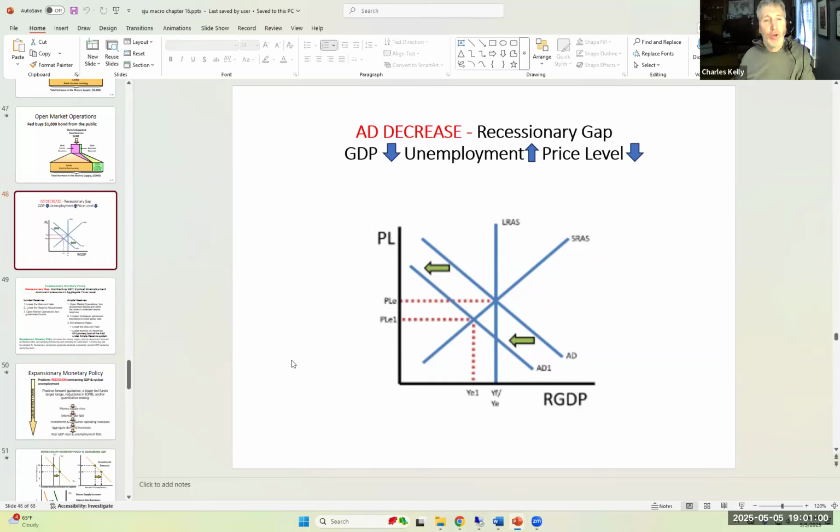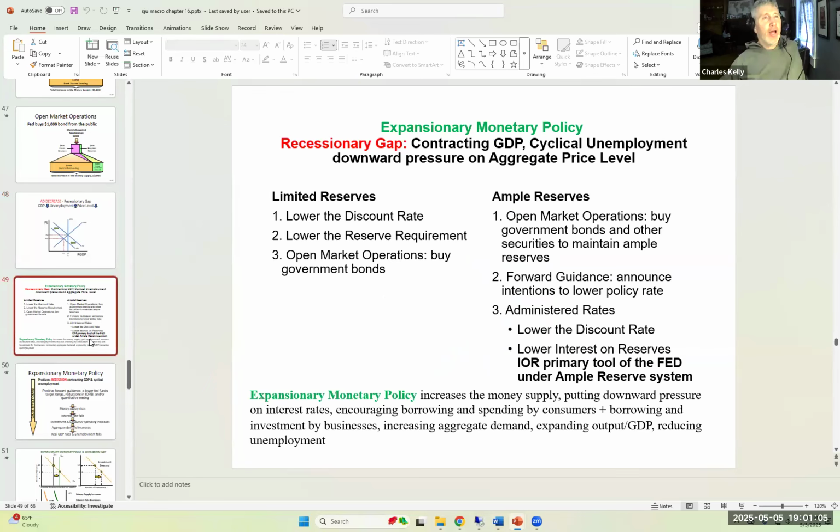But what can the Fed do? What can our nation's central bank do? This slide gives you that list of how the Fed should respond to a recessionary gap under both the system of limited reserves and the system of ample reserves.